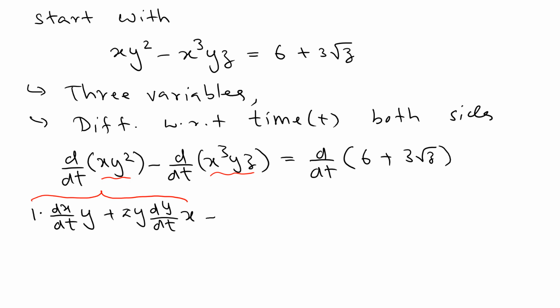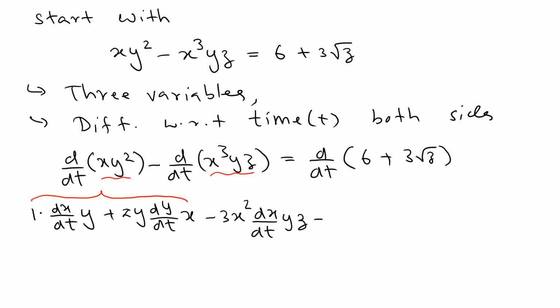So you can write this one as, the first one is an x term, so that means 3x squared dx over dt, and then we have y and z.